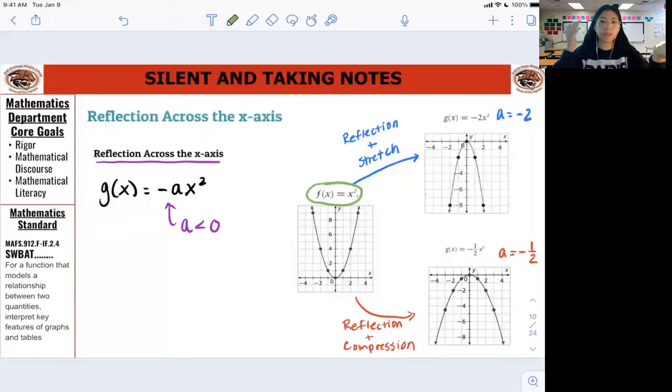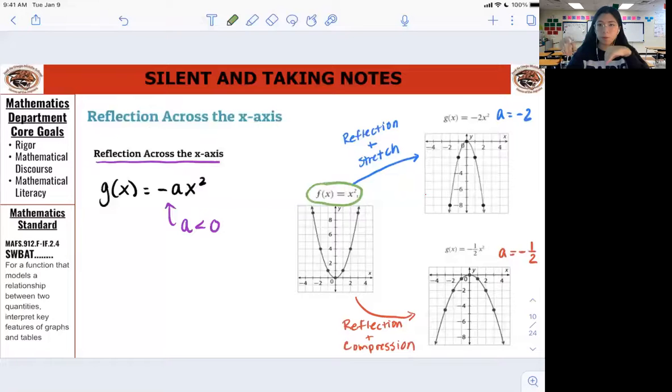So when it asks, is it a stretch? Is it a compression? Is there a reflection? You always want to base it off of the parent function. So really what we're asking is, compared to the parent function, what type of transformation is occurring? With test questions, obviously you always want to read carefully, but for the most part, it's going to be based off of the parent function. Does that make sense?